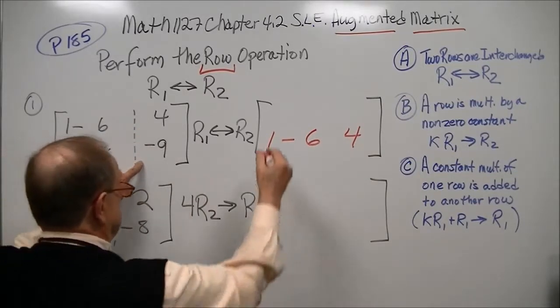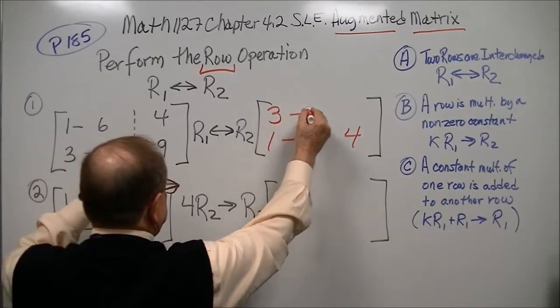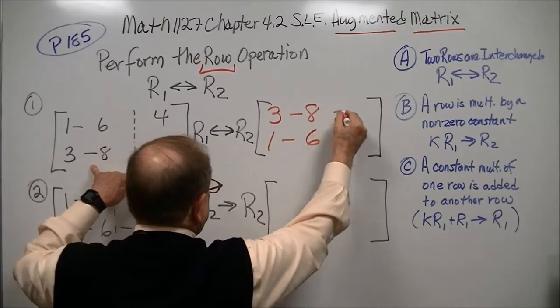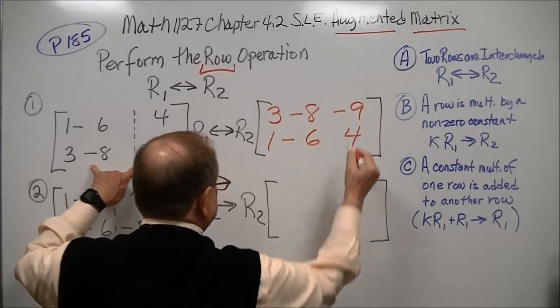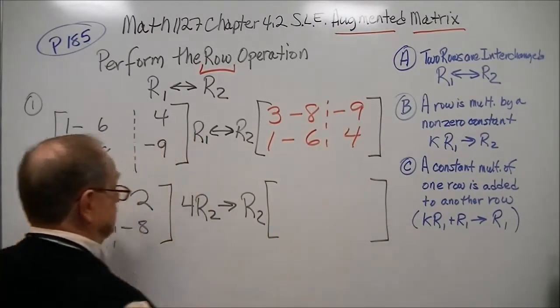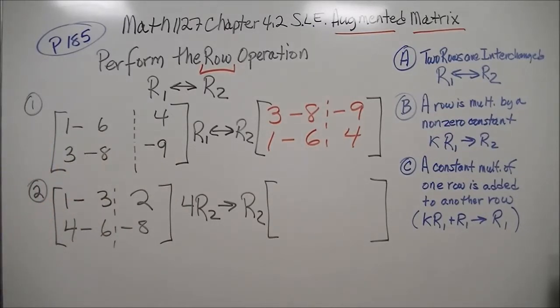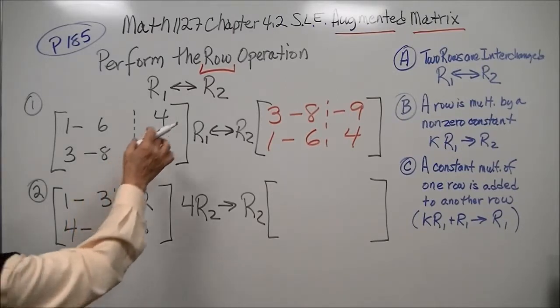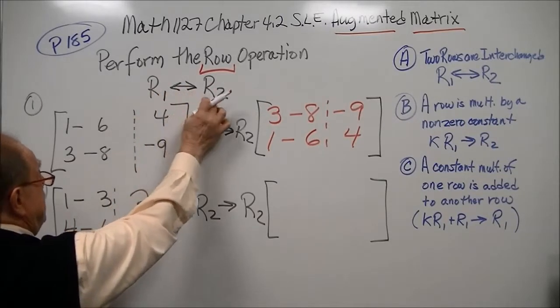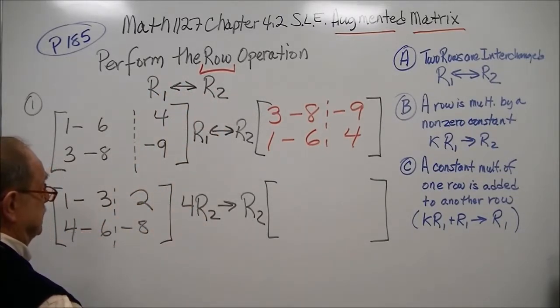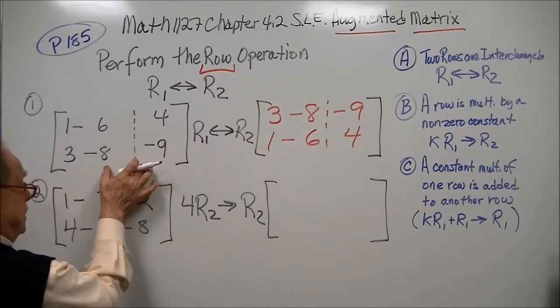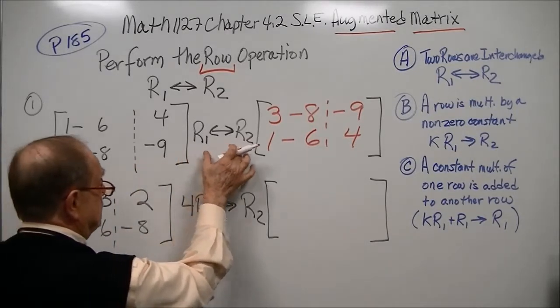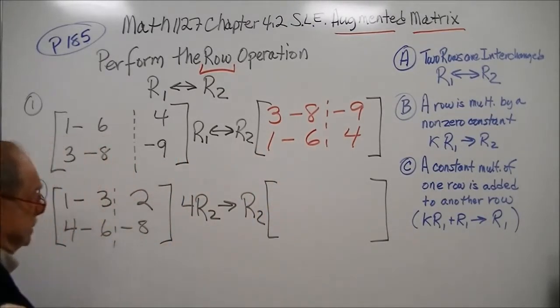And then row 2 goes where row 1 was. Okay, and if you put that into your practice or Quiz Me, that's the answer. So once again, this symbol is to interchange rows. So we're taking this matrix, performing this operation, and then it looks like this.